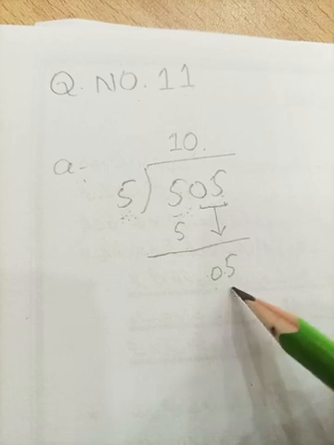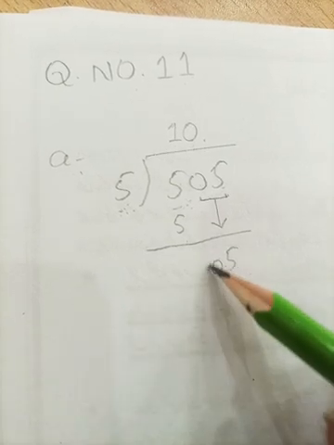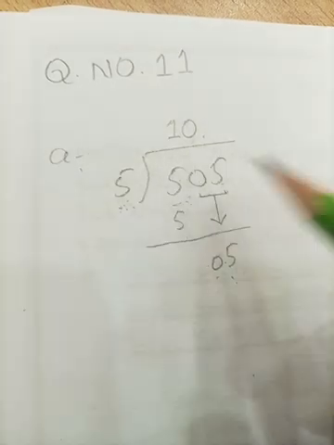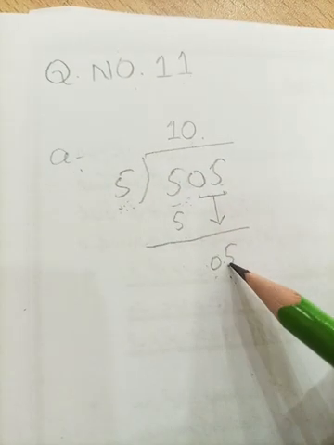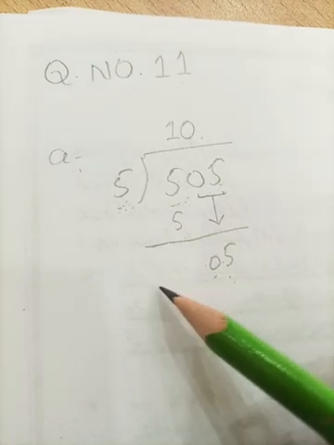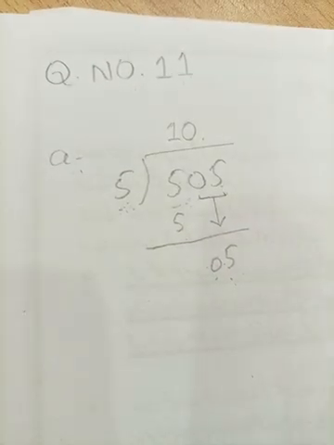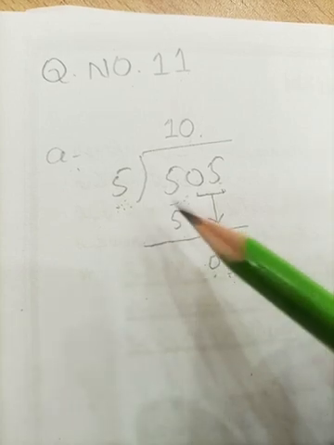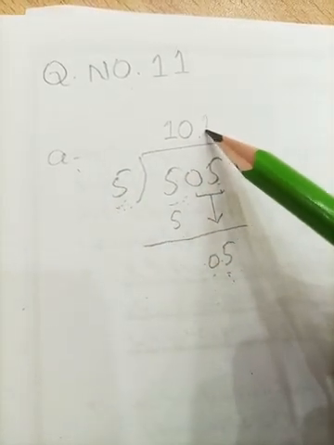Now, here is the number 5 only, because this 0 is ignorable, as it is on the left hand side. Now we will take 5 ones are 5.